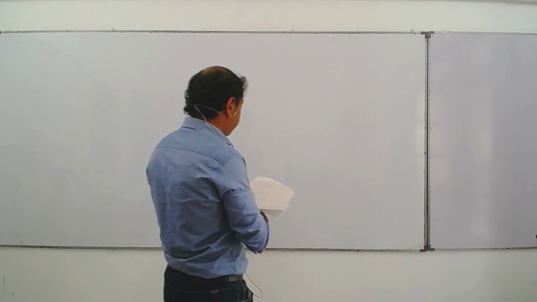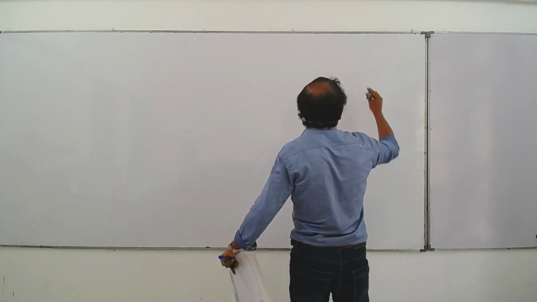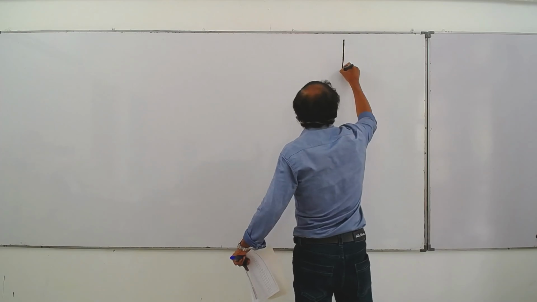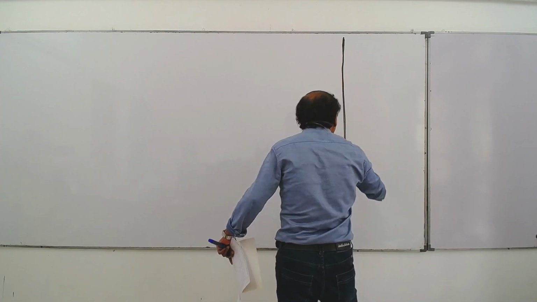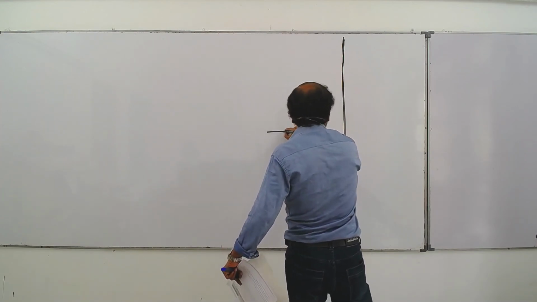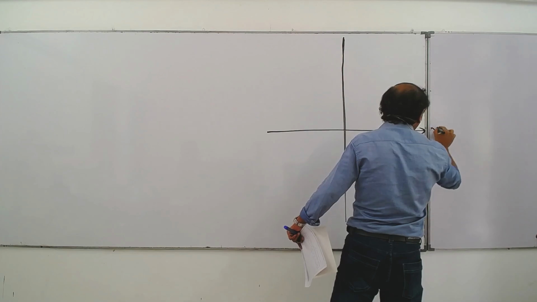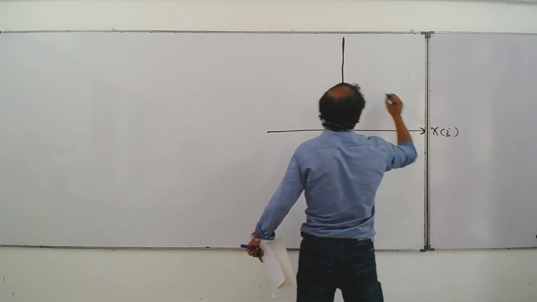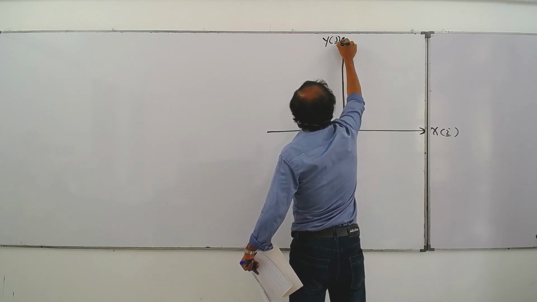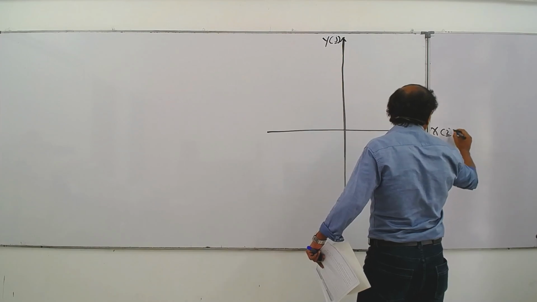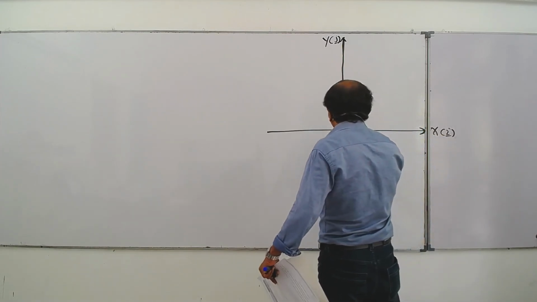We'll do that too. X-axis unit vector is I, y-axis unit vector is j, here O.